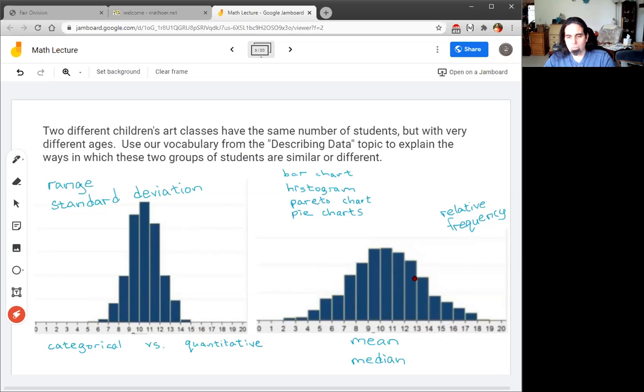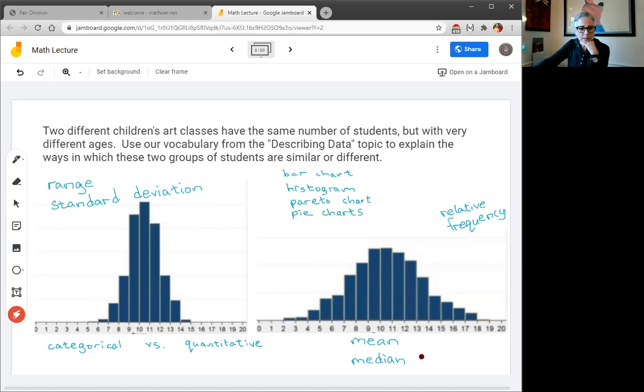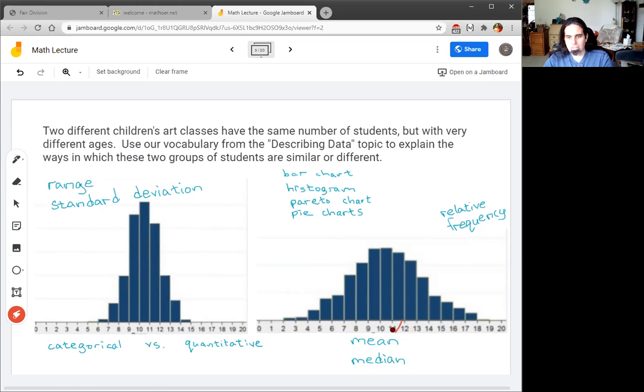How about the group on the right? Where is its mean? So if you're taking the 2 and the 18, it looks like it's probably right in between, about the 12. Is that too far over?